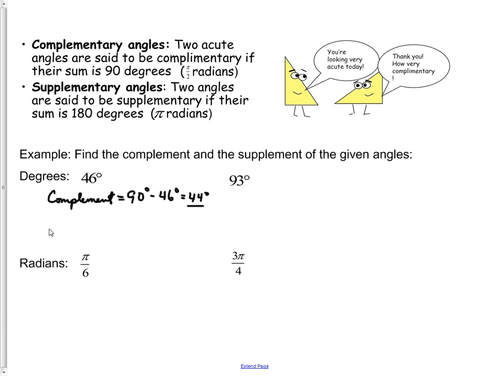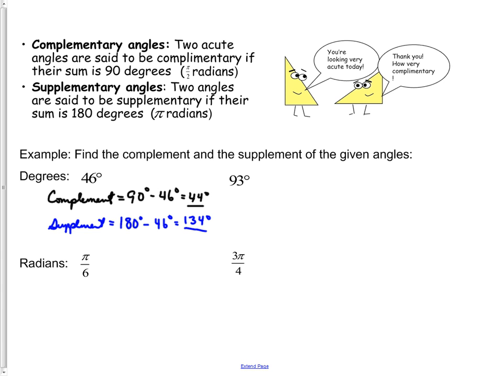How about the supplement? The supplement is found by taking 180 degrees this time and subtracting our angle of 46 degrees. And when we subtract like that, of course, that's going to give us 134 degrees. So that's our supplement.